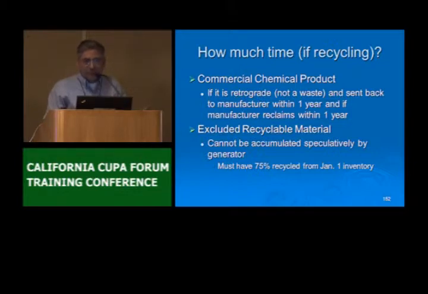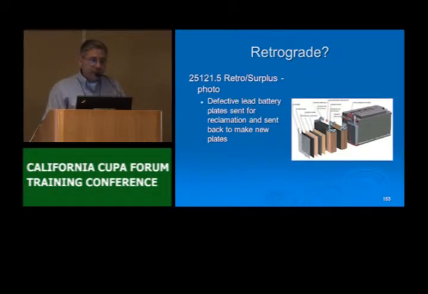For the first year, there could be no requirement whatsoever on the recycling. The second year, you have to have recycled 75% of the material that was stored on January 1st. And so the time frame for allowing a material to be on site can vary. More importantly, the 75% doesn't apply to any specific material under that scenario. So an actual individual material could sit there for a really long time as long as you meet the 75% requirement.